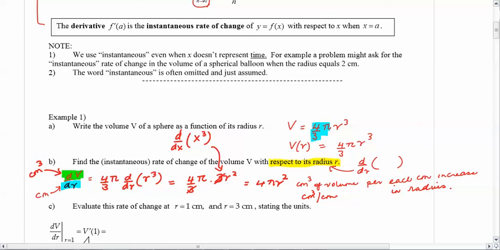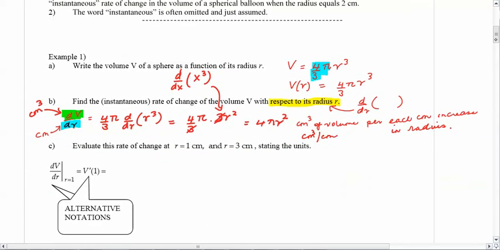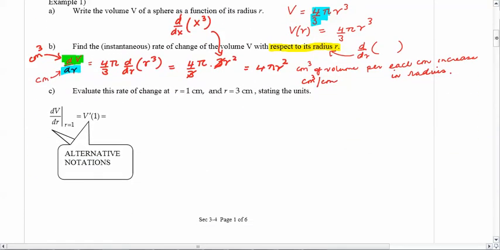So let's have a quick look at evaluating this rate of change at r equals 1 centimeter. And this is pretty trivial, really. The whole point is just to review your notation again. This is the rate of change of volume with respect to radius at r equals 1. You've come across that notation, or we can just write V prime at 1.